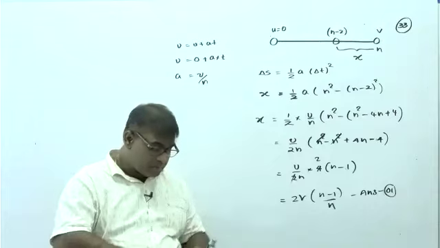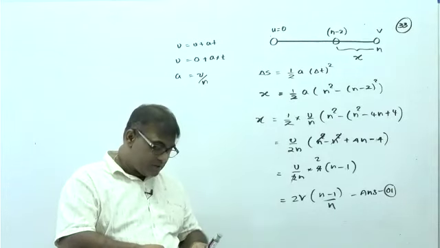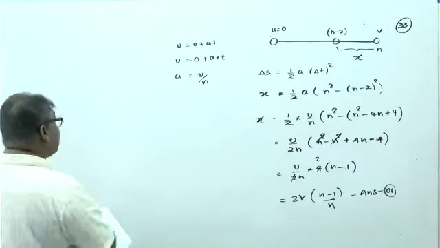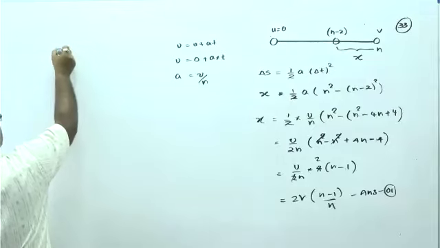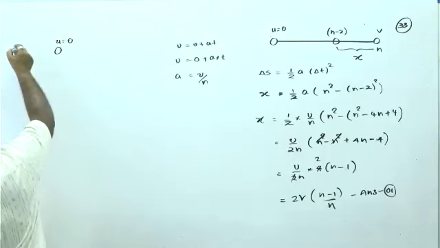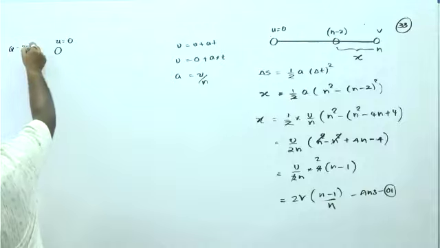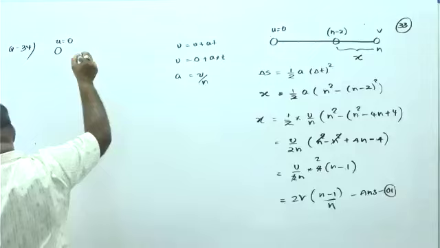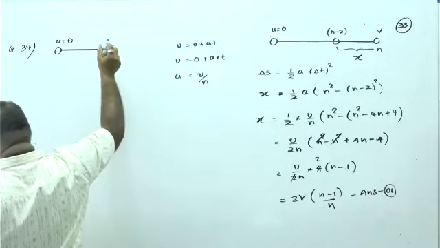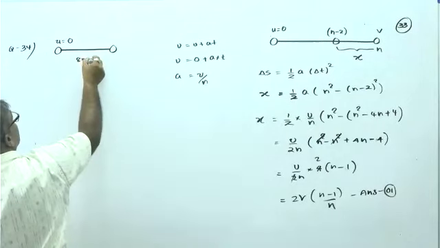Right. Read question number 34. A body starts from rest with uniform acceleration of 8 m s^-2. Starting from rest, it accelerates by 8 m s^-2.